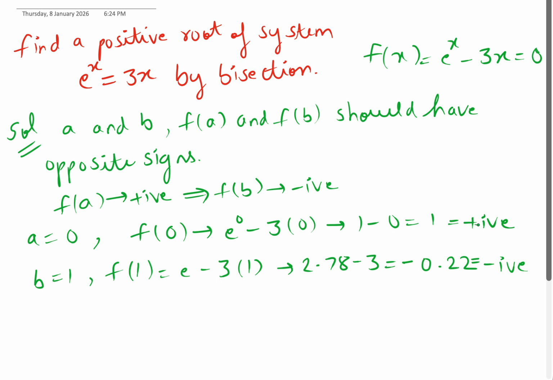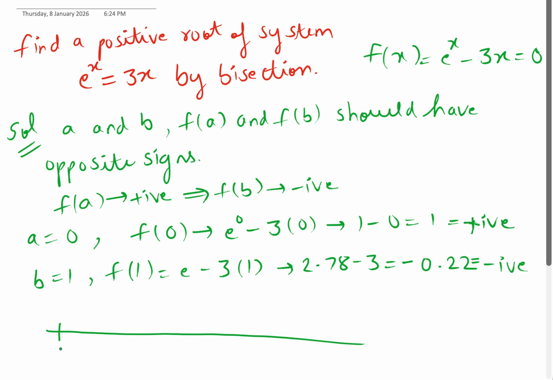This one is positive, which means I have found two values a and b for which f(a) and f(b) are of opposite signs. So what I can do here is, the interval has become between 0 and 1. I'm making this line here.